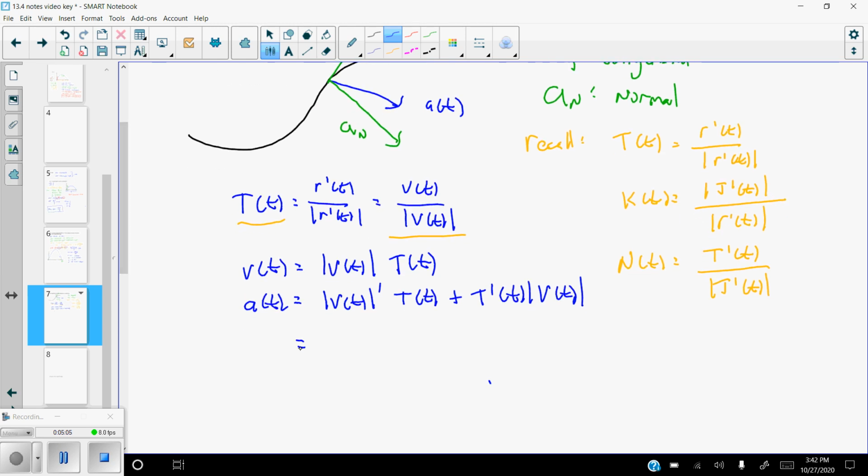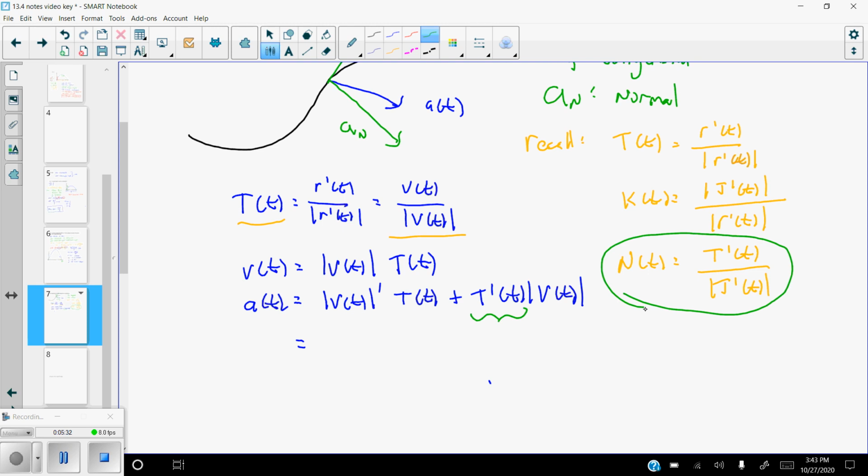All right, now's when we're going to start doing a little bit of our substitutions here. T prime of t, we can go back up to this one right here, this guy. And I can solve that for T prime of t by multiplying both sides by the magnitude of T prime of t.